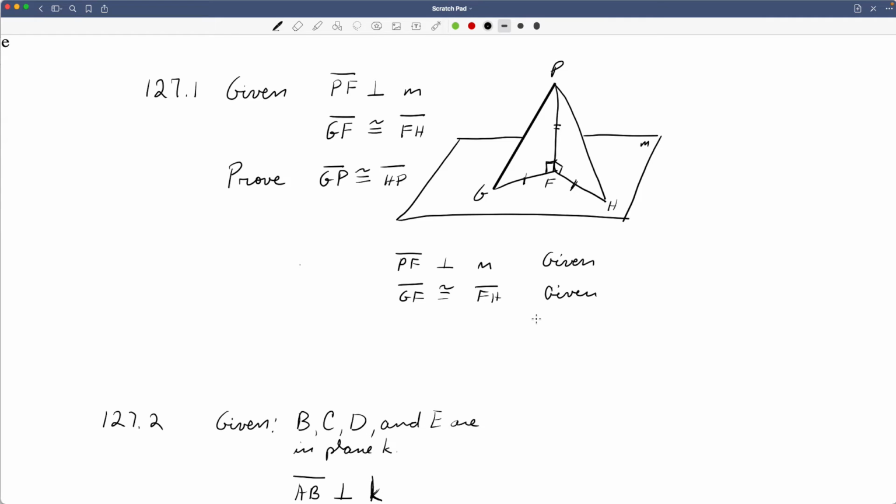Then we would say, since PF is perpendicular to plane M, given, and it is perpendicular to, that means that PF is perpendicular to line segment GF and FH.